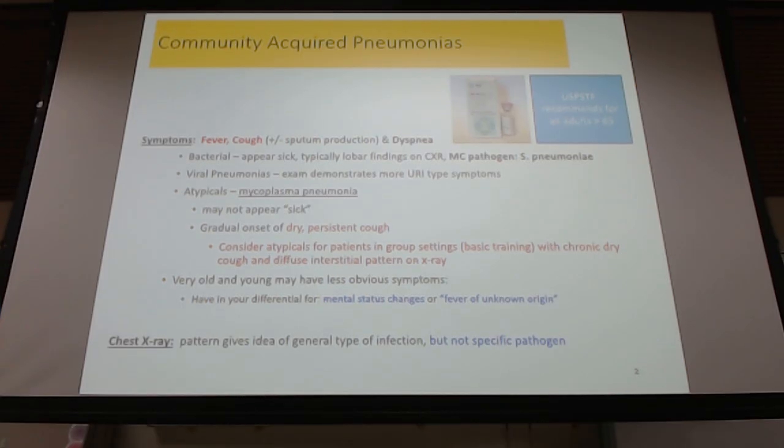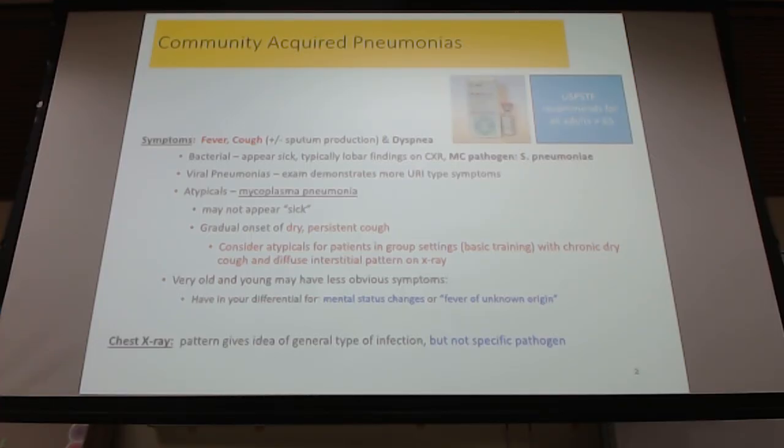And those bugs are different in terms of catching them in other areas. Group settings, hospitals, dialysis centers, nursing homes, homeless shelters. So those bugs are very different. So saying community-acquired pneumonia means that we assume it is not one of our resistant, like our Pseudomonas or our MRSA.